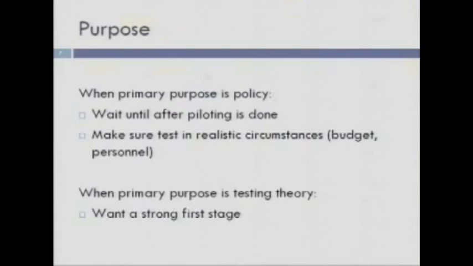I mentioned there's a couple of different purposes of randomized evaluations. And the way you design the randomized evaluation, and when you can do it, may depend in part on what the primary purpose is. If you're mainly interested in policy, I think this is something where there's perhaps not as much clarity as there should be.